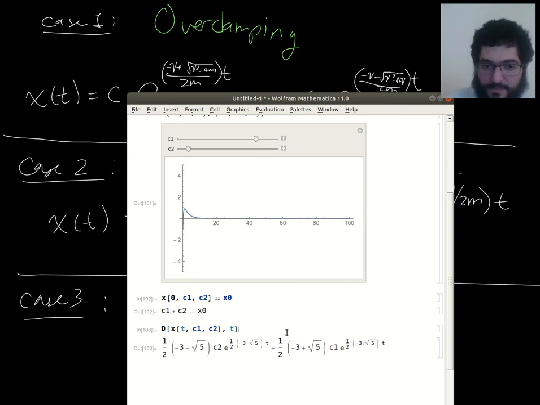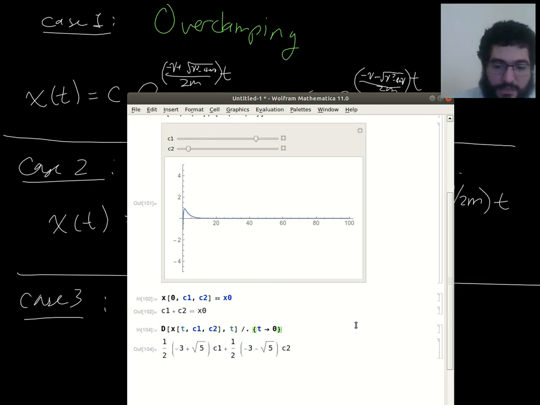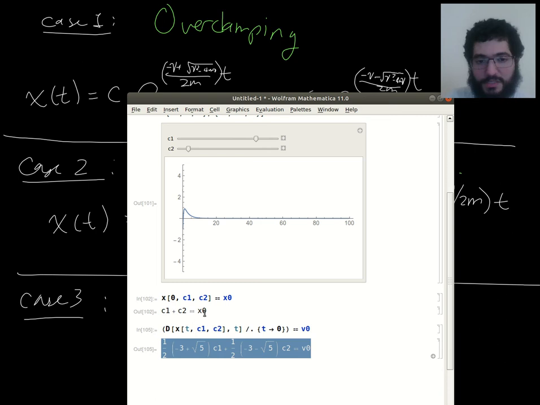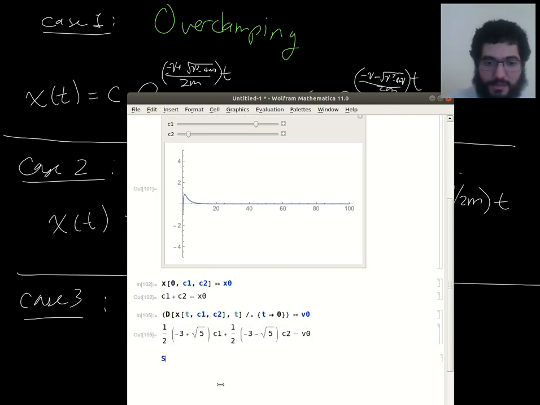Then I get this. Then if I plug in t equals 0, I get this. Apparently this is the initial velocity, which I'm calling v naught. So see these two equations? These are the relationship between C1, C2 and the initial conditions.